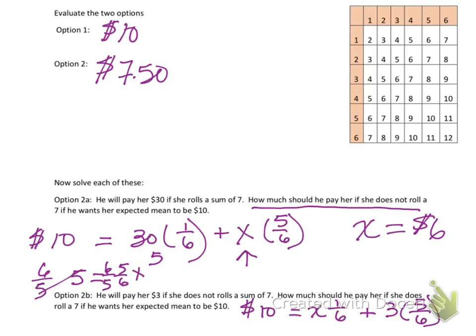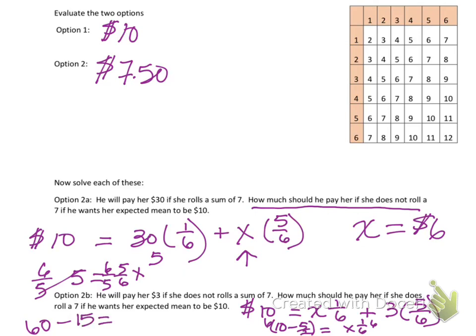Okay, let's see how we want to do this. So this is 3 times 5/6. Well, actually it's 5 over 2 when you reduce, right? So 10 minus 5 over 2 equals x times 1/6. Multiply both sides by 6: 6 times 10 is 60, minus 6 times 5 is 30, divided by 2 is 15.